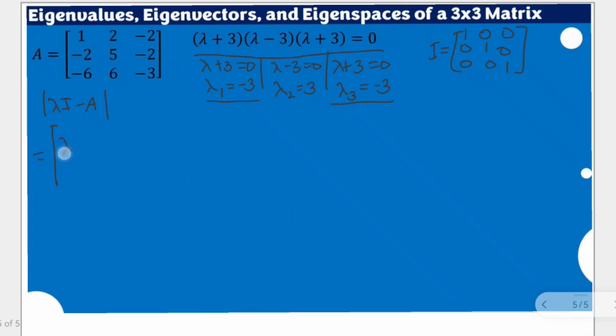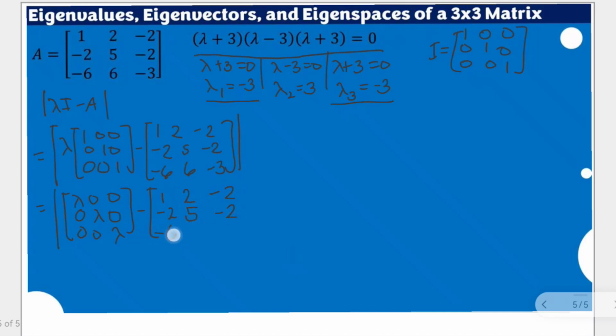You have lambda times I, which is 1, 0, 0, 0, 1, 0, 0, 0, 1, minus your matrix A: 1, 2, negative 2, negative 2, 5, negative 2, negative 6, 6, and then negative 3. So you have lambda, 0, 0, 0, lambda, 0, 0, 0, lambda, minus 1, 2, negative 2, negative 2, 5, negative 2, negative 6, 6, negative 3.